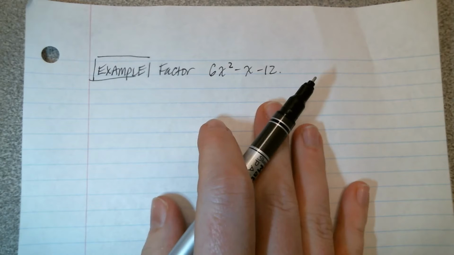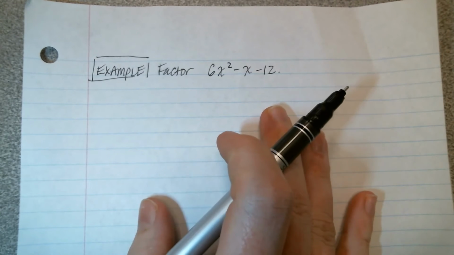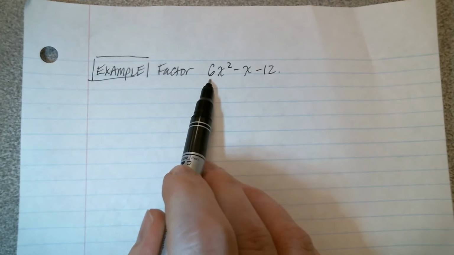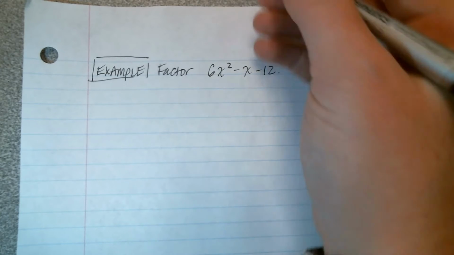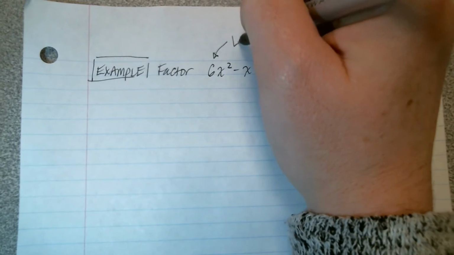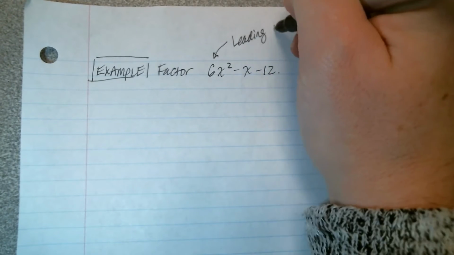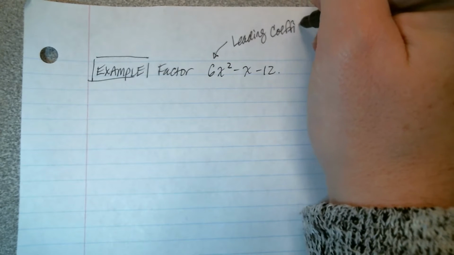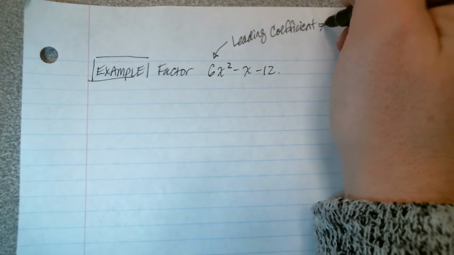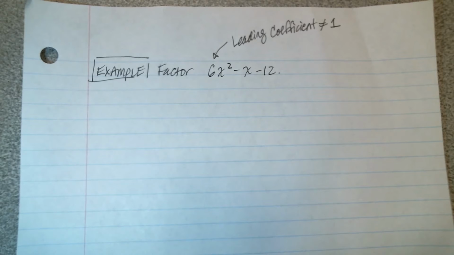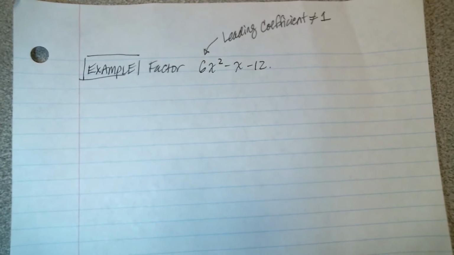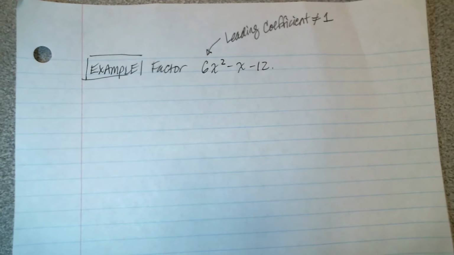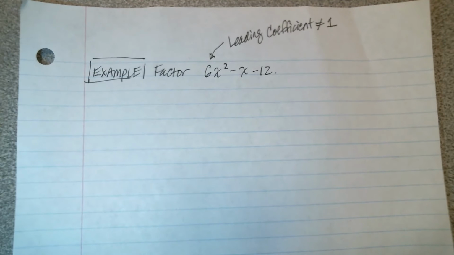If you are factoring a trinomial with a leading coefficient that is not 1, then what we're going to use is what's commonly known as the AC method.